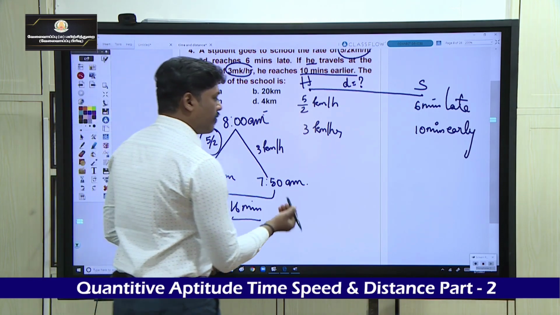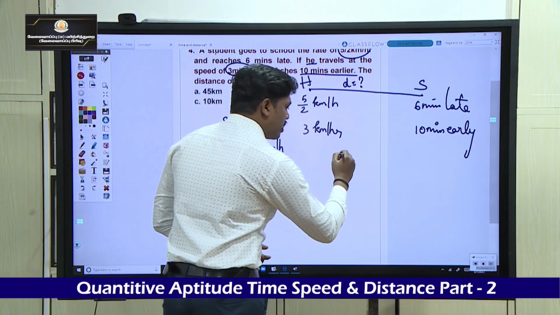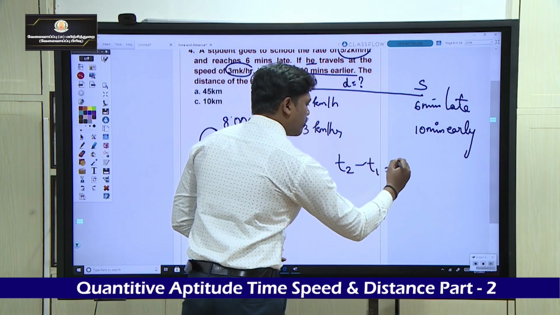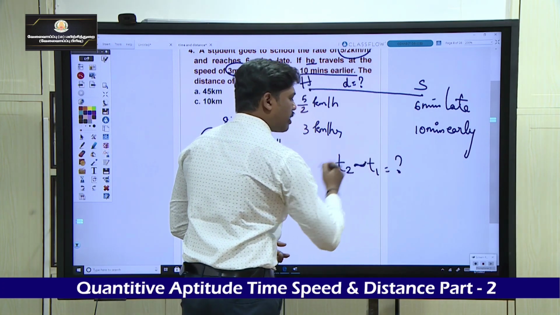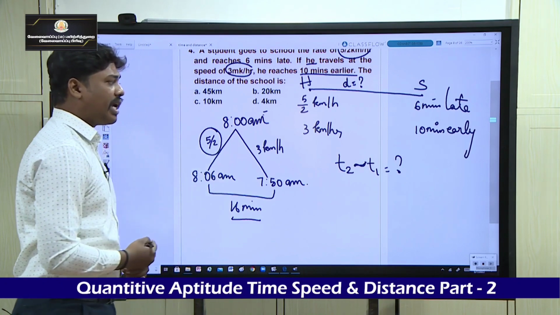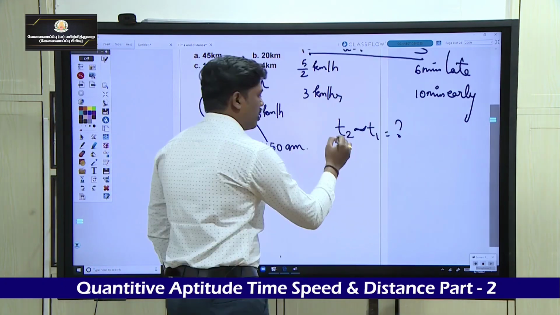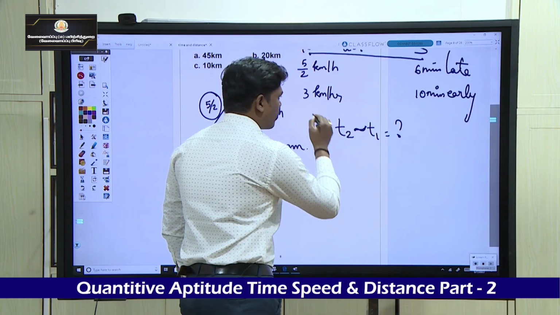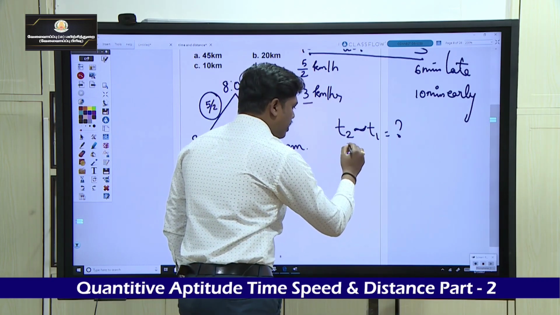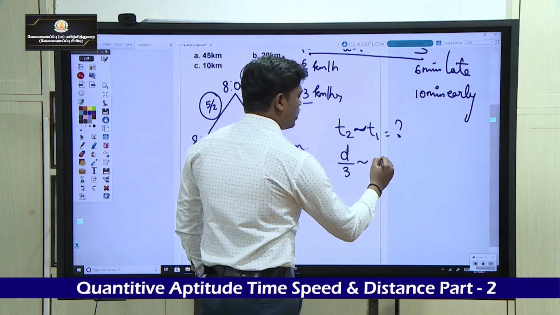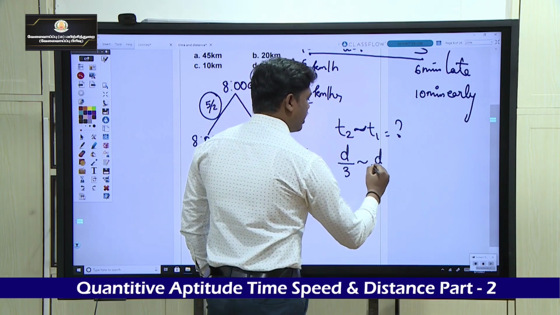Okay. So, which time difference? T2 minus T1, or time difference. What is time? Time means distance by speed. First is going at a speed of, distance by, let us take the speed as 3 km per hour. Okay, difference, distance by speed.